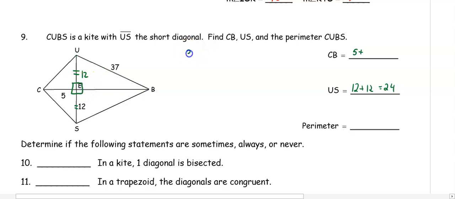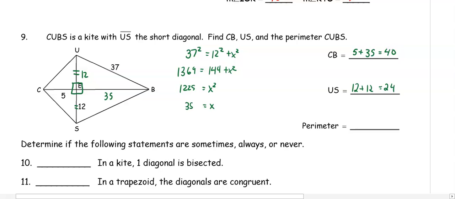So when we do that, 37 squared equals 12 squared plus x squared. So we get 1,369 is equal to 144 plus x squared. We can subtract 144 from both sides. X squared equals 1,225. So when we take the square root, X is 35. So if this length is 35, 5 plus 35 gets us a diagonal of 40.